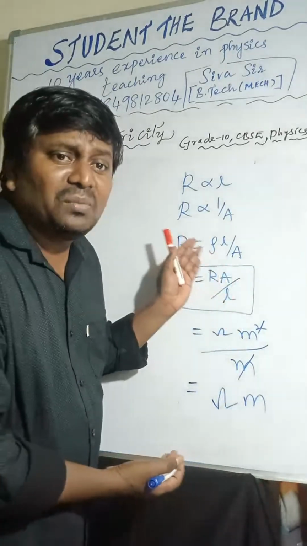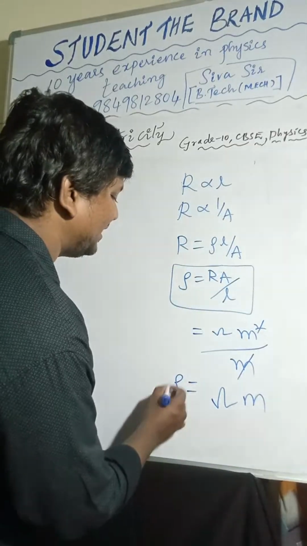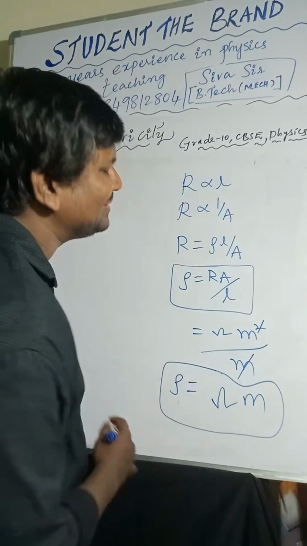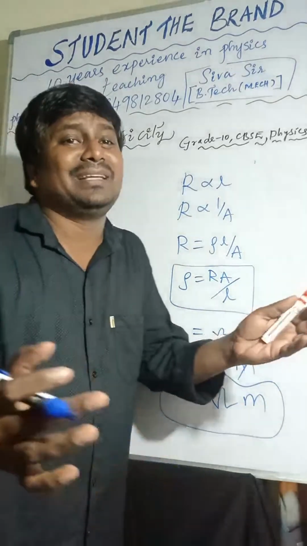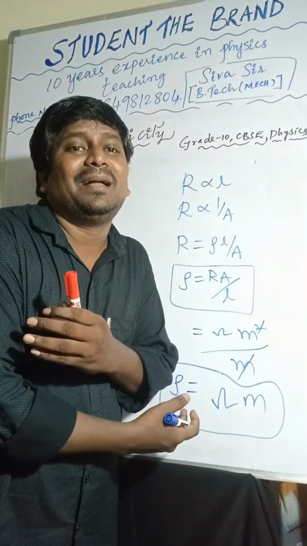Remaining is ohm meter. SI unit of resistivity is ohm meter.